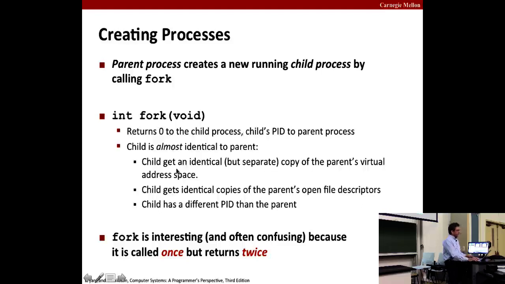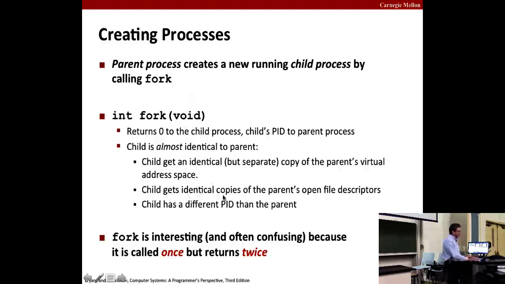The child gets an identical copy of the parent's virtual address space, but separate. They're distinct, but immediately after the fork returns, the address space is identical. That means all the global variables, the stack, the code, everything is identical in the child. It has the exact same values as in the parent.